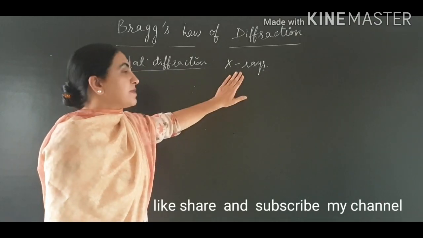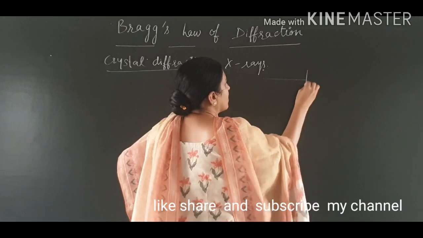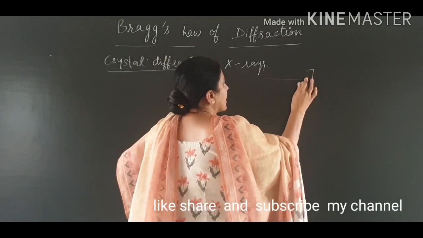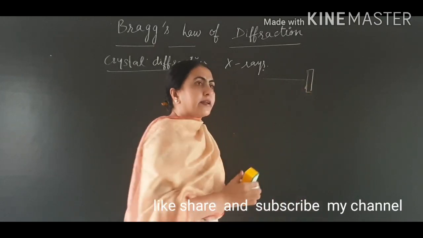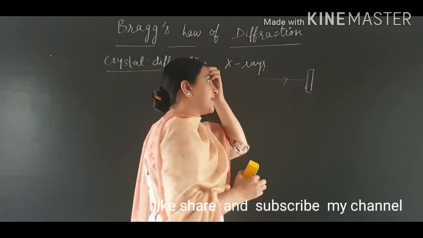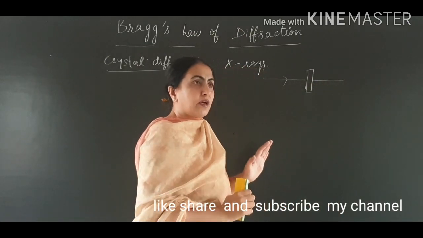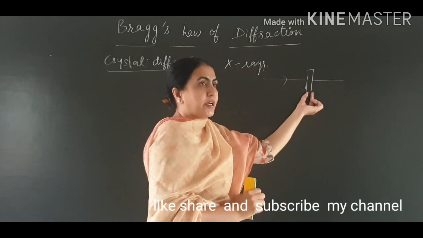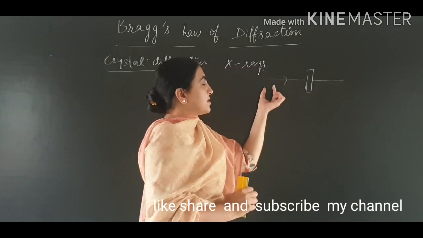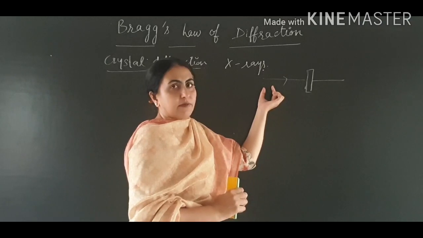When X-rays pass through an ordinary grating or optical grating, they go straight. There is no diffraction pattern because the dimensions of this obstacle do not match the wavelength of X-rays.